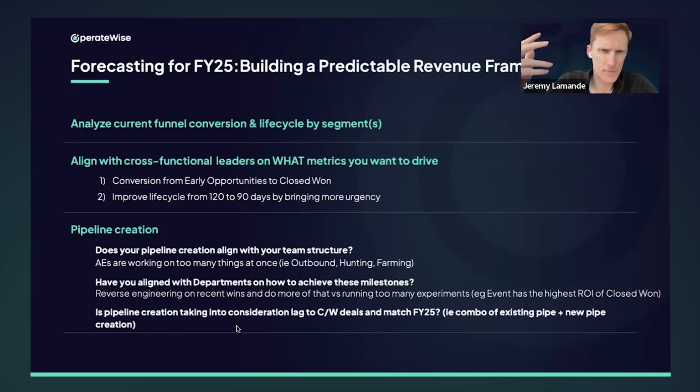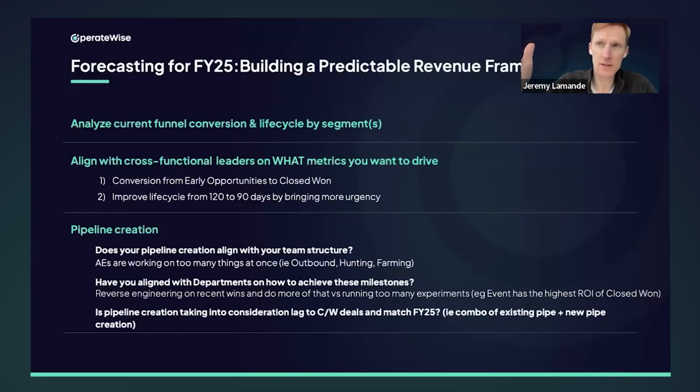And the last piece here is the lag that it takes, right? So forecast is really understanding the funnel conversion to make sure you have the right stage, the right entry criteria, you understand the lifecycle and so on. But also you want to understand how much new pipe you need to create in order to get to your FY25.